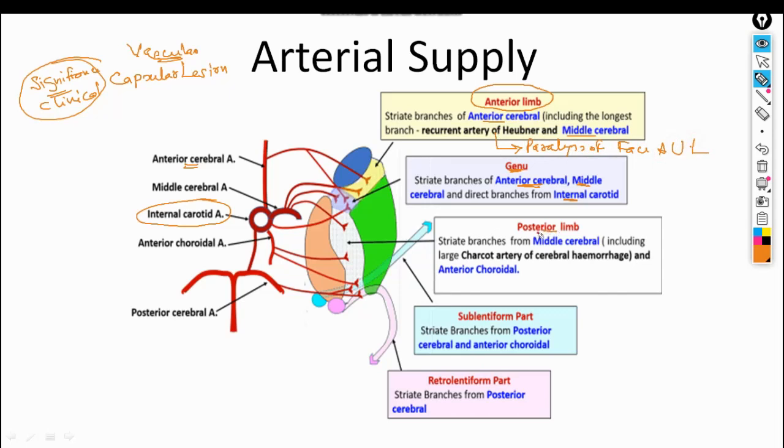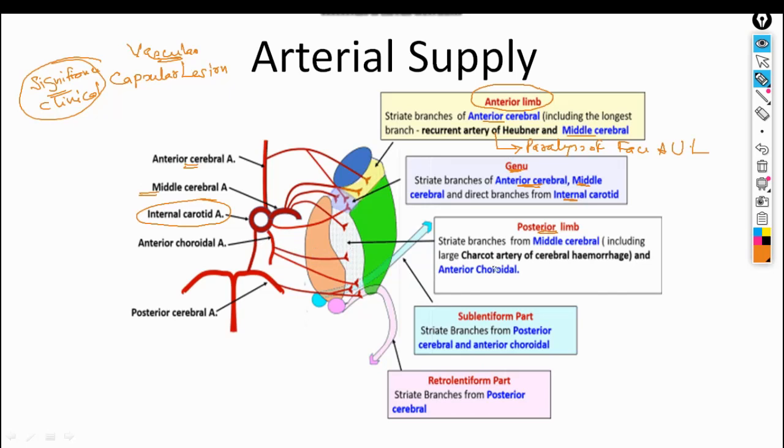The posterior limb of the internal capsule is supplied by a branch of the middle cerebral artery and the anterior choroidal artery. So we can see a branch from the anterior choroidal artery is also supplying.